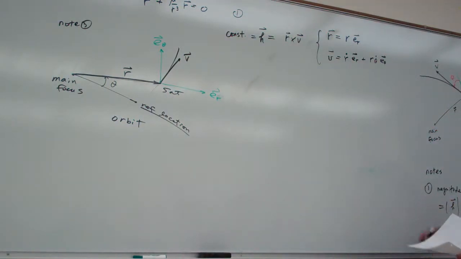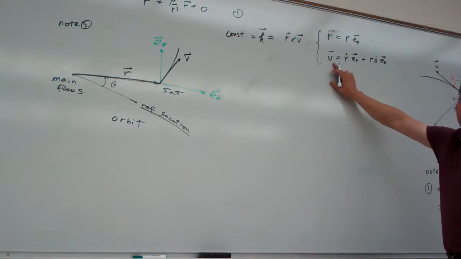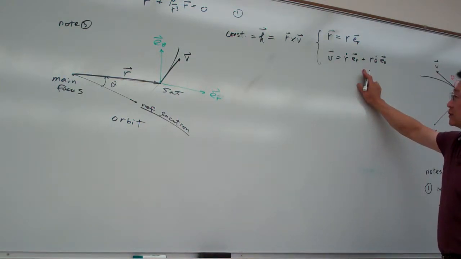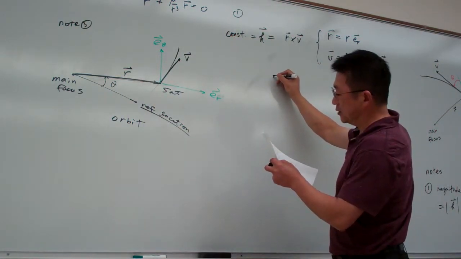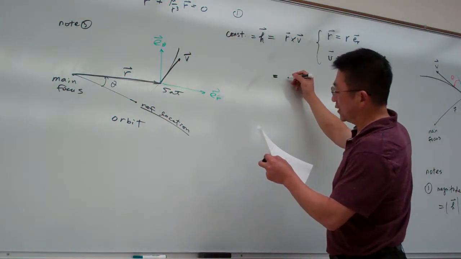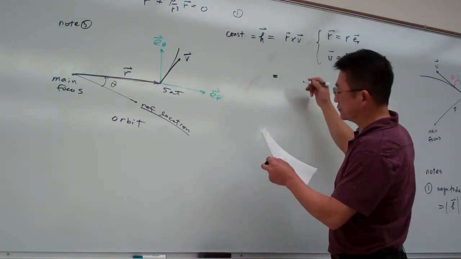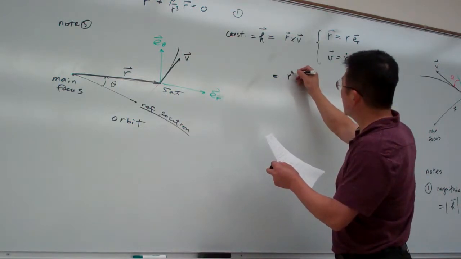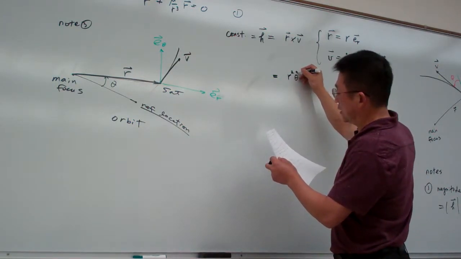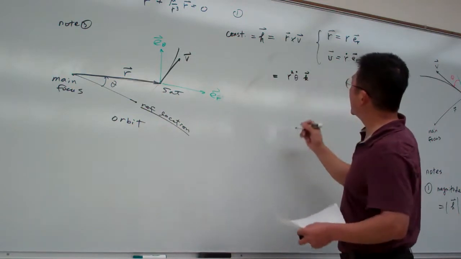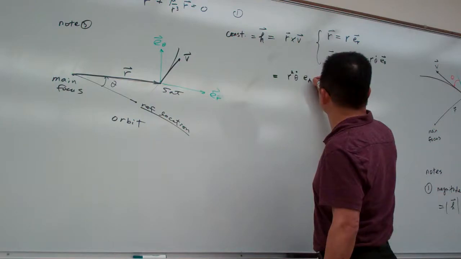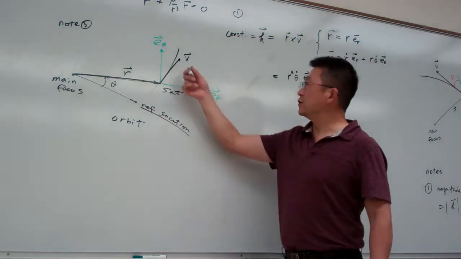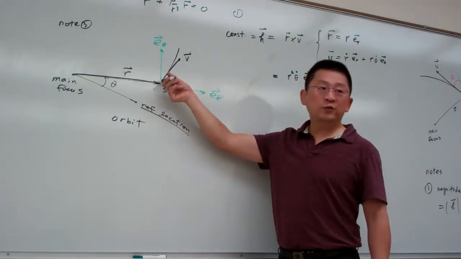Okay, so that is the expression of the velocity in the polar coordinate system, and this one is from the dynamics. So we plug in here. Therefore h we can find is r squared theta dot in the k direction, e_k. e_r, e_theta and k is out of plane.